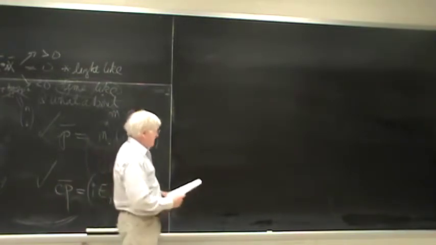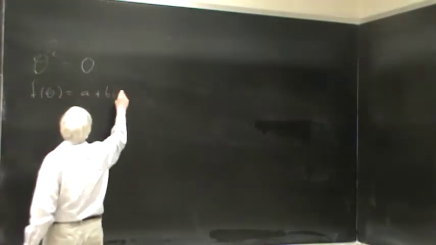So let me just remind you what the deal is. Basically, theta squared is 0. So the most general function is a plus b theta.